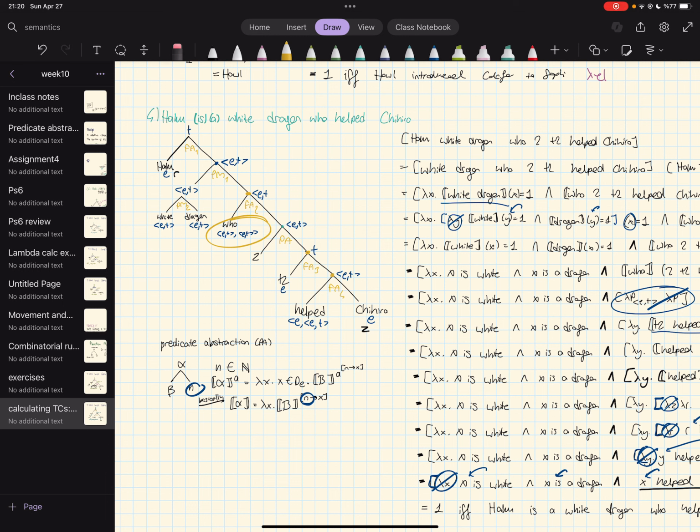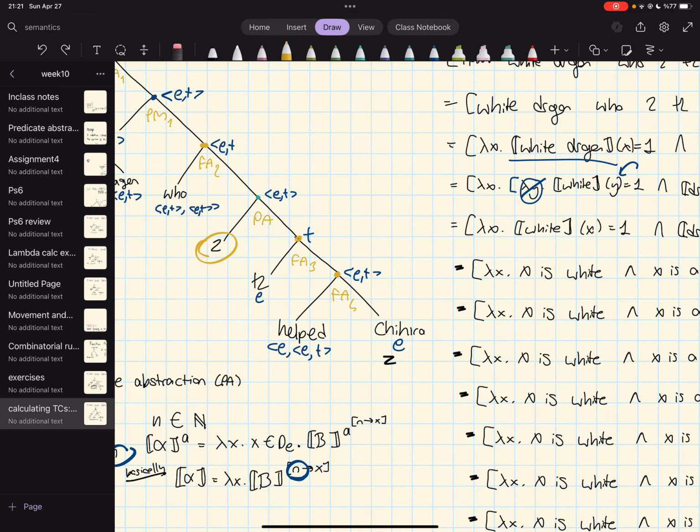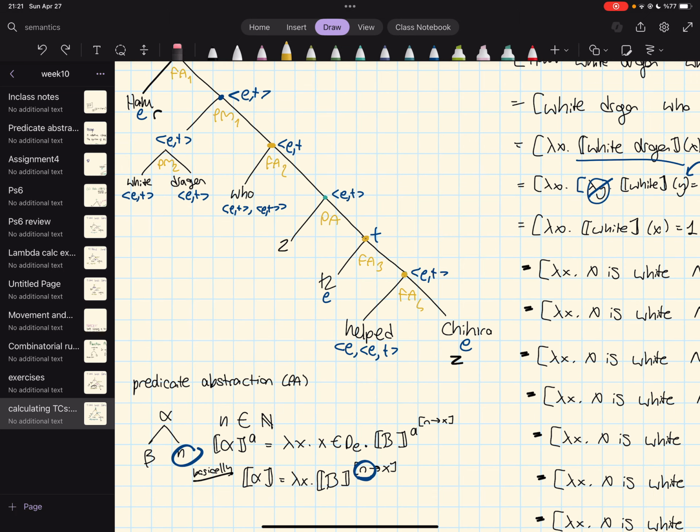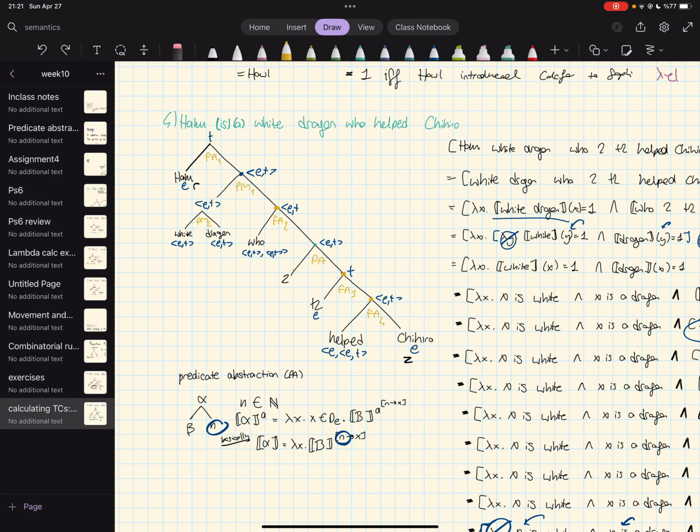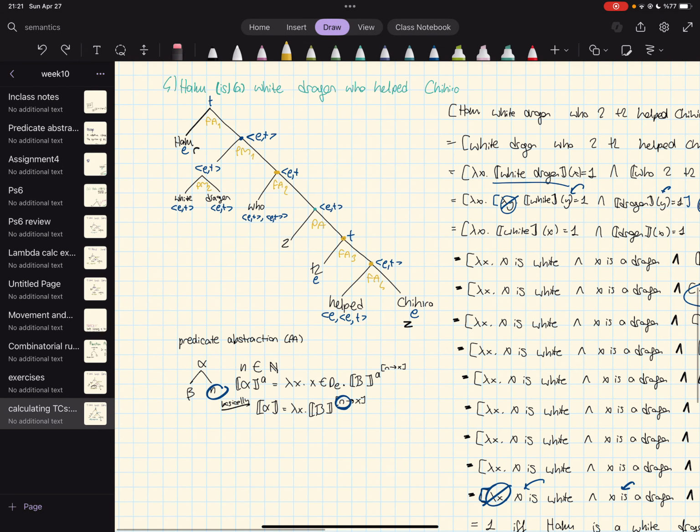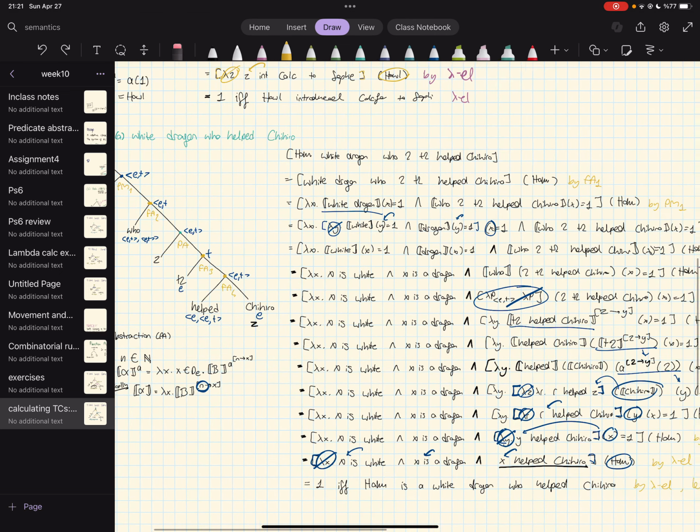Therefore, both its sister and its mother would have to be of type ET. And when we see an index with T as its sister, we now know that we need to use predicate abstraction to deal with this index. And traces are also of type E.